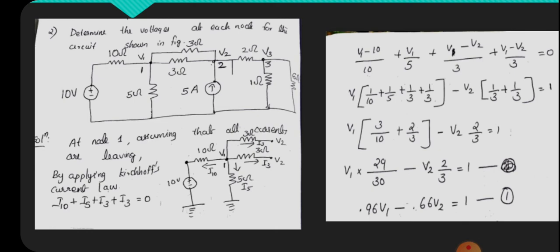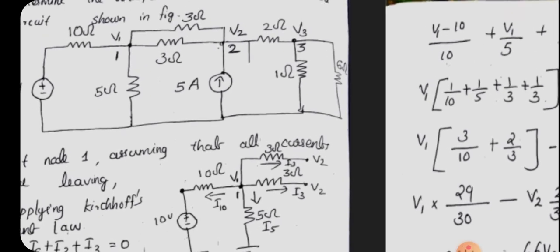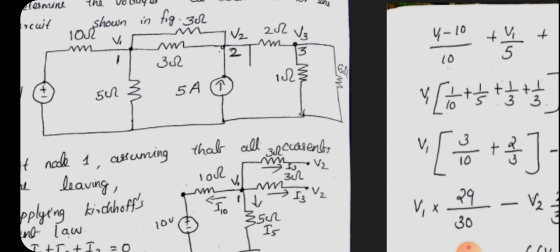I have redrawn node 1 with V1, and a 10 ohm resistor is connected there, with a 10 volt battery at the other terminal of the 10 ohm. A 5 ohm resistor, a 3 ohm resistor, and another 3 ohm resistor are there. These are all the branches connected to node 1.